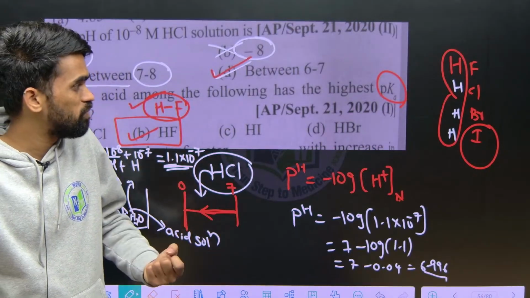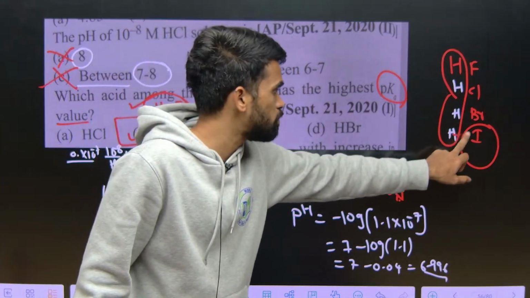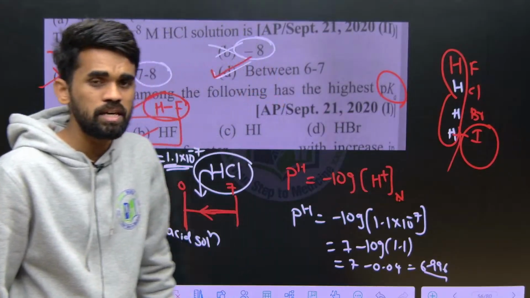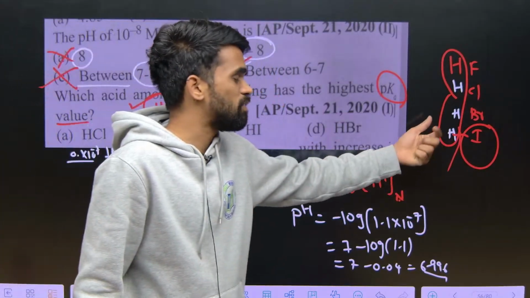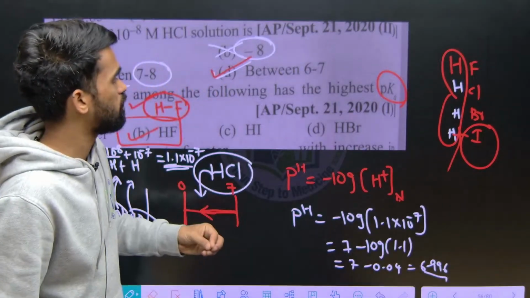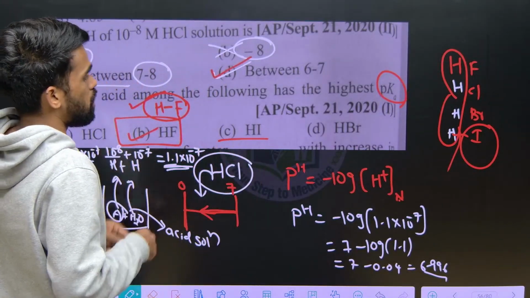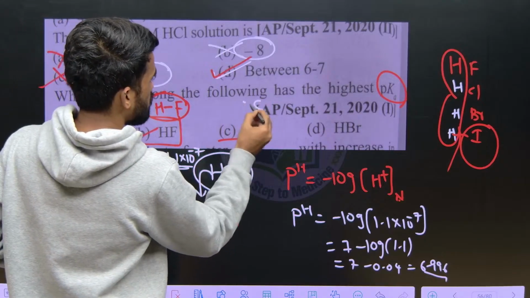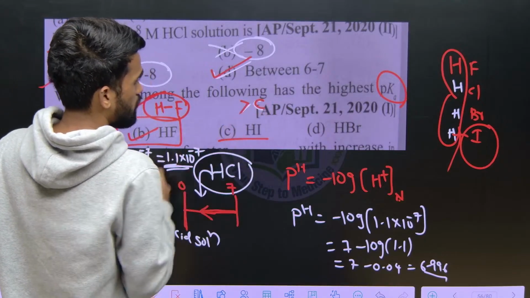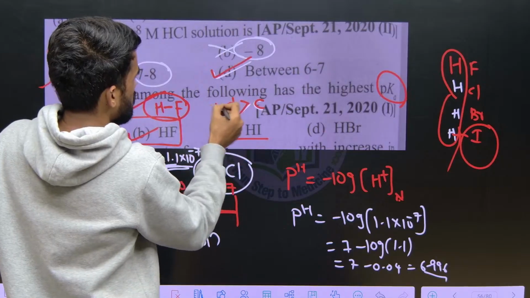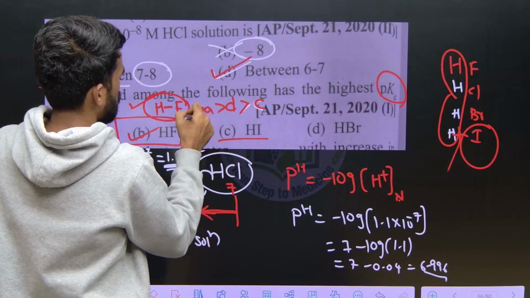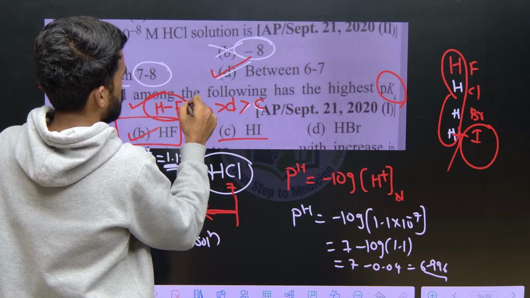Bond strength will be weaker in HI, it will easily break, and H plus ion comes out easily, therefore HI will have more acidic nature. So pKa will be least in HI. If I ask for the order, least is for C, next D, next A, and highest is for HF, B. That is it.